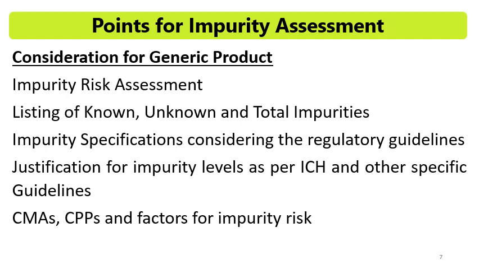Then critical process parameters like temperature, drying time, and hold time play a critical role in impurities. That's why CMAs and CPPs are to be well understood and well defined for their impact on the impurities. Then other factors like packaging material factors and storage related factors are to be considered.